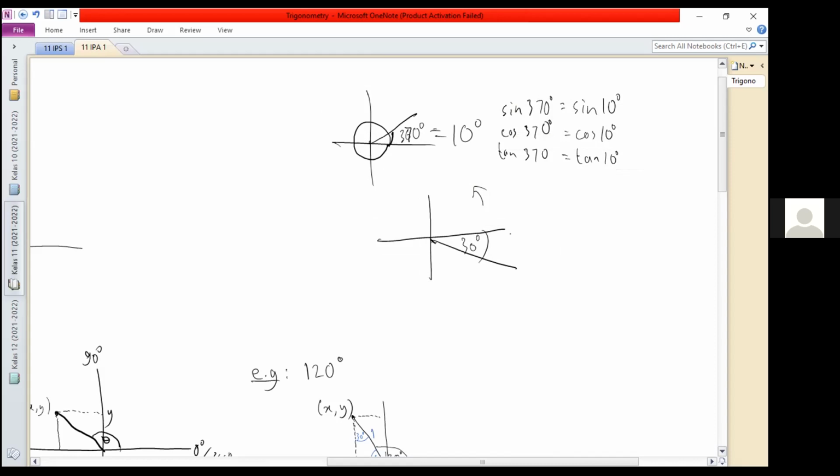If we have negative degrees, instead of counterclockwise, we go clockwise. Notice that it is the same as going counterclockwise from zero to here, so 360 minus 30 degrees. So it is actually the same as 330 degrees.